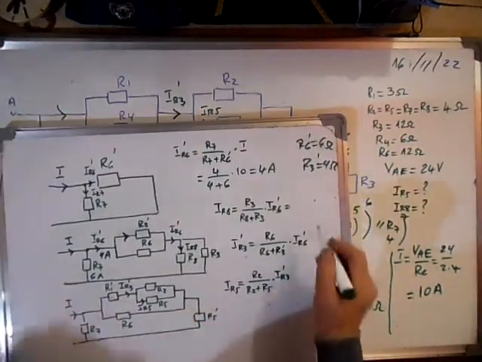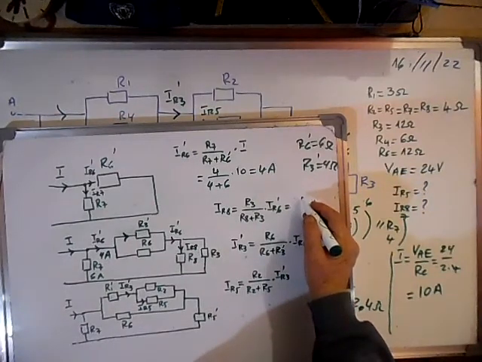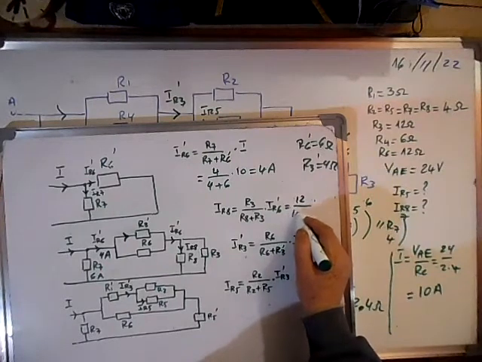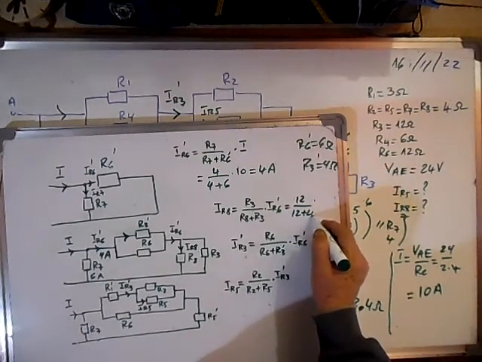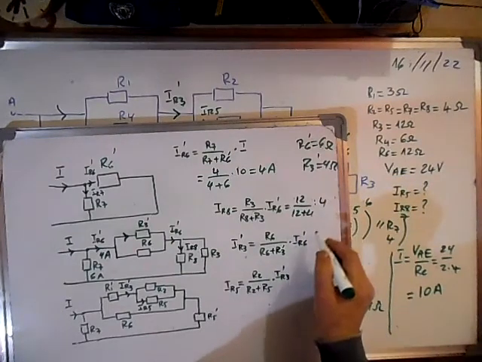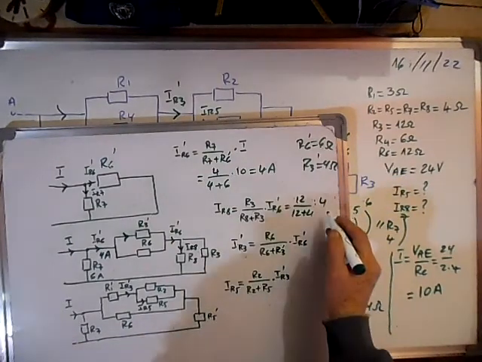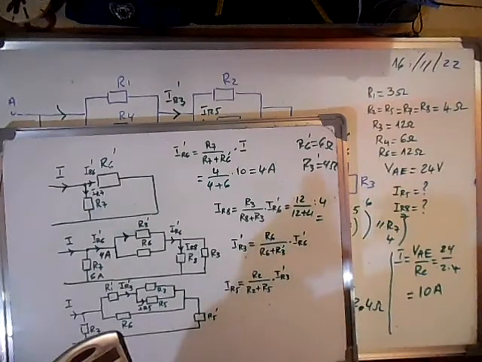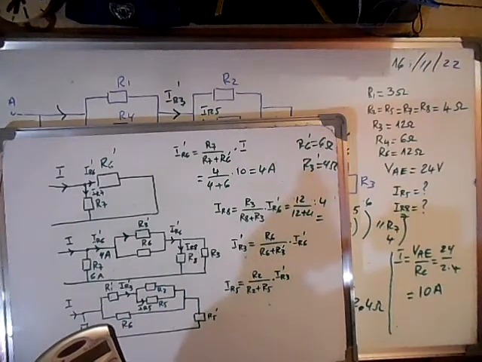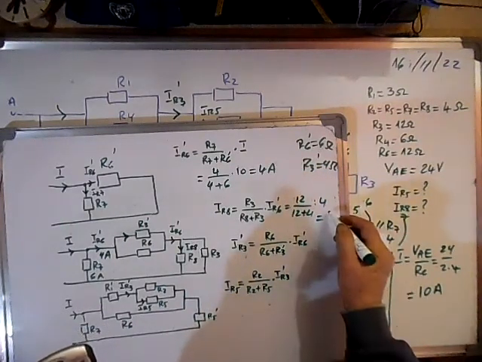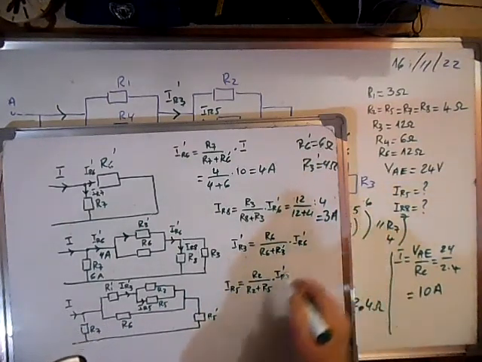So it means R3 is 12, over 12 plus R8, which is 4, times 4. This is 12 divided by 16 times 4. It is 3 amps we calculated.